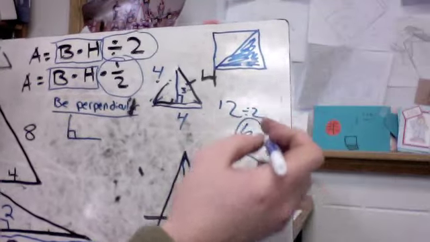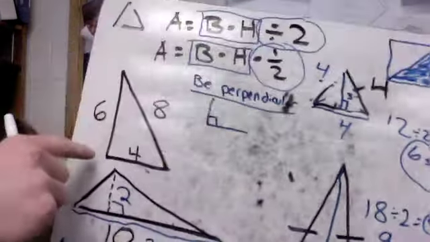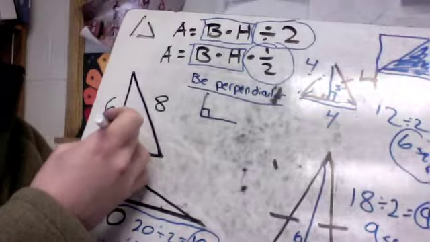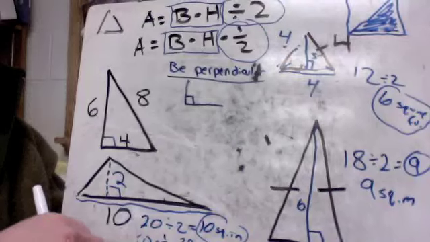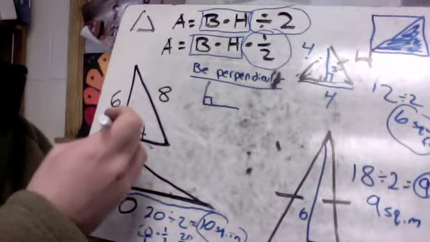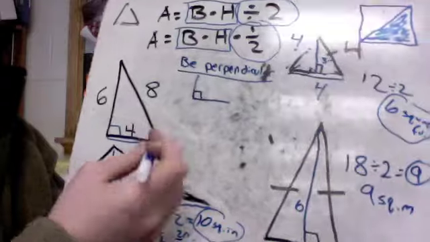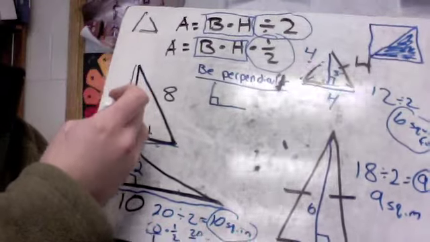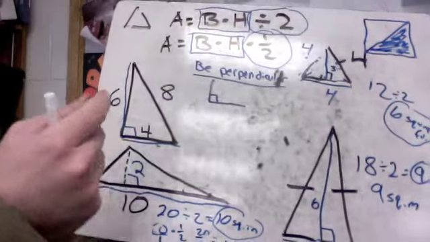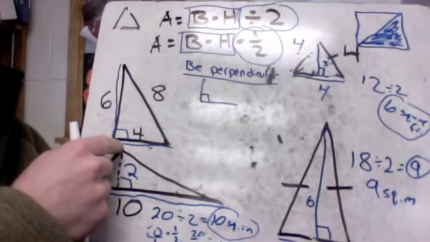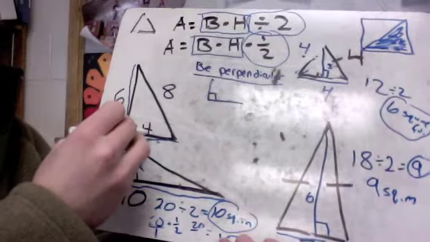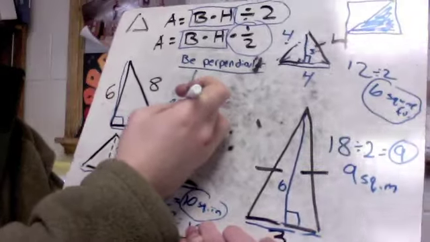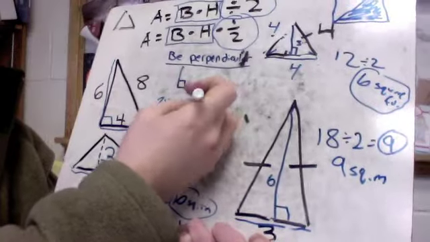6 square feet. Okay. Last one, we have a right triangle already. So this is interesting. We can do, this is the base, and this is the height because they make a right, we already have a pre-done right angle. Okay, if that's the case, 6 times 4, 24. 24 divided by 2 is 12.